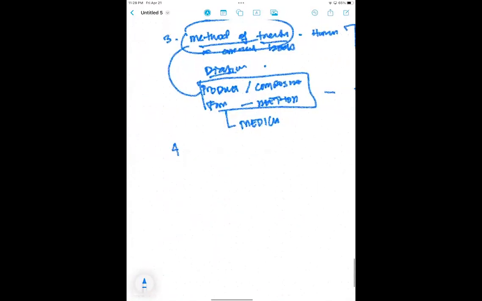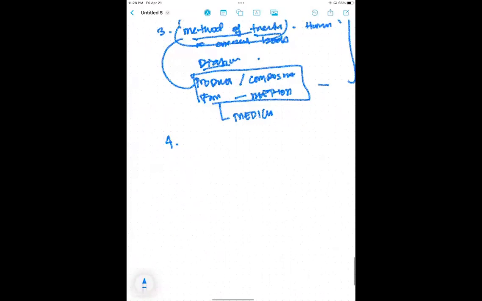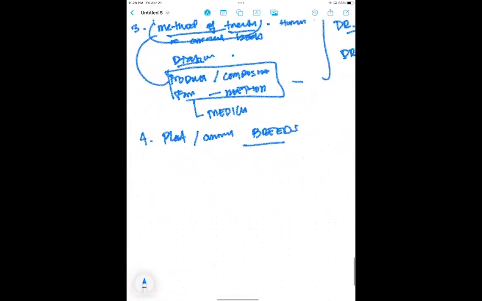Number 4 would be plant or animal breeds. So, naka-invento ka ng bagong breed ng aso, ng kabayo, ng pusa. Okay? Can you secure a patent for this animal breed?